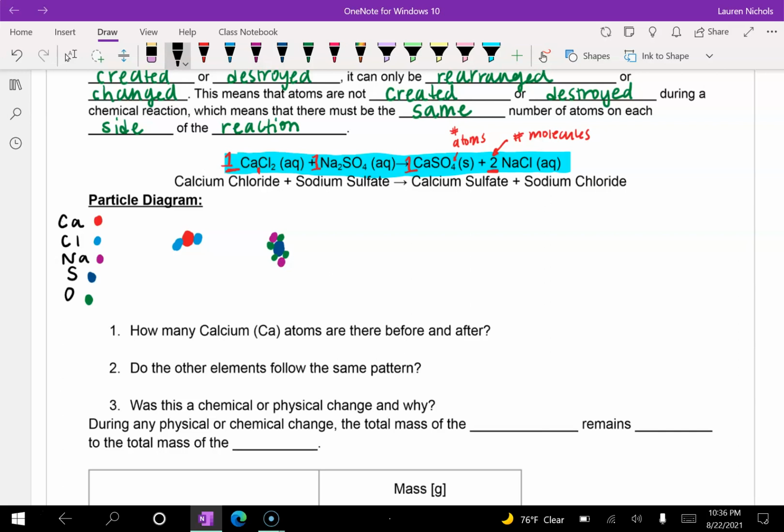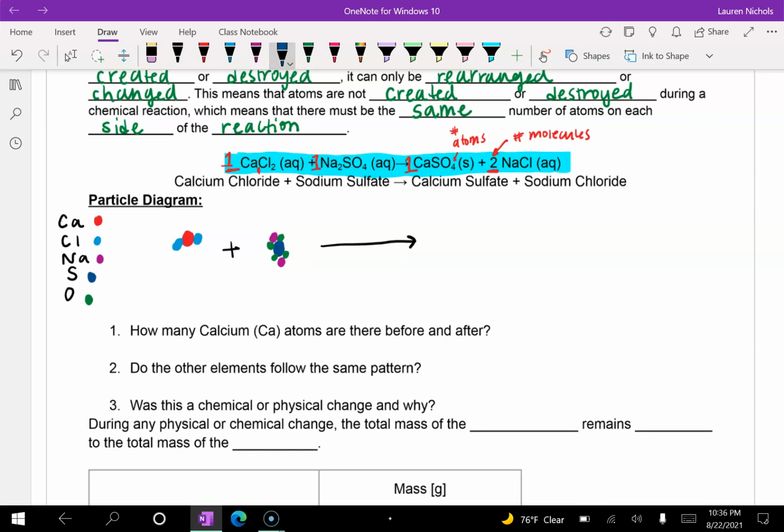So we have these chemicals that are combining, and they're liquid, so they're moving around slowly. I'm not going to draw their movement per se, but we see that it's combining with a calcium sulfate.